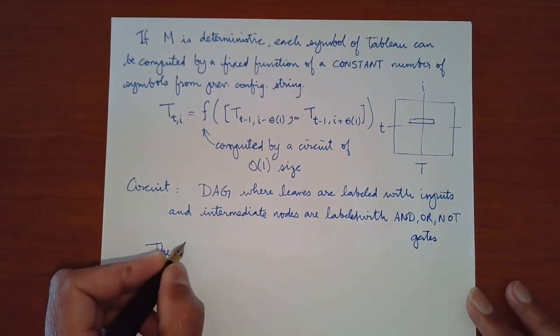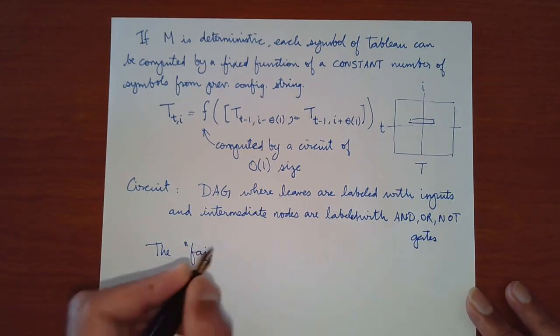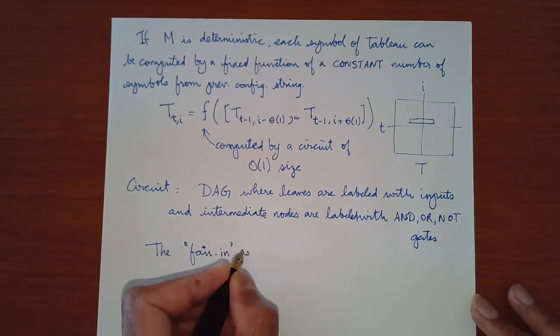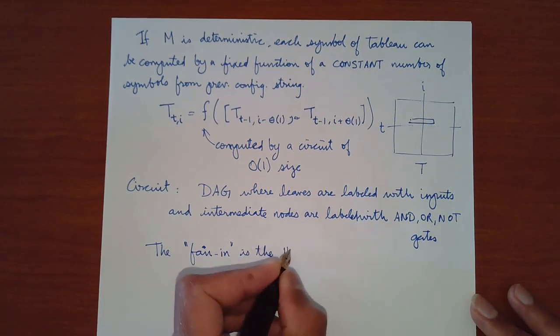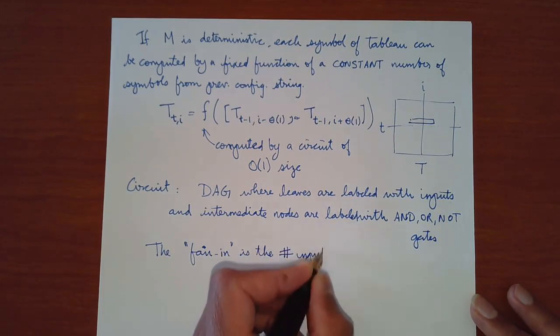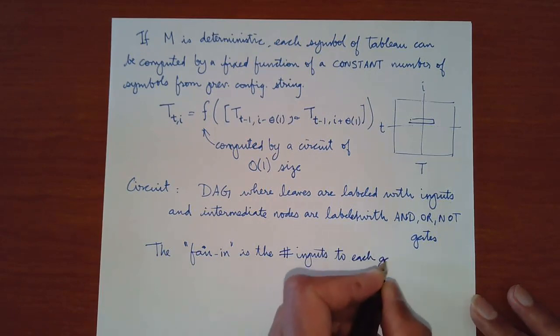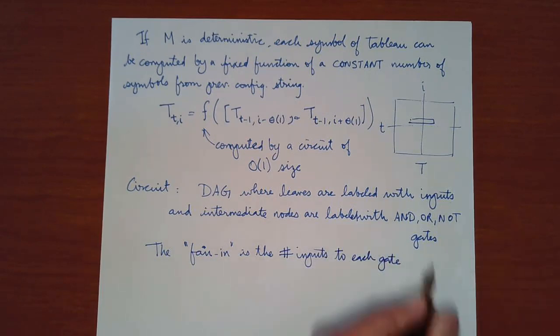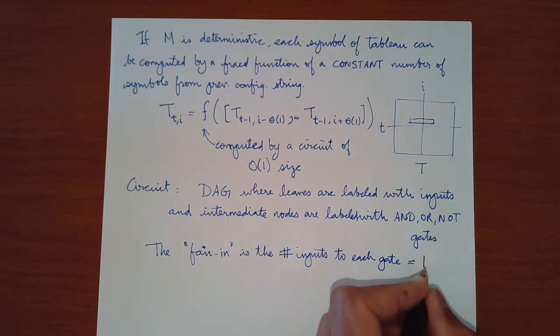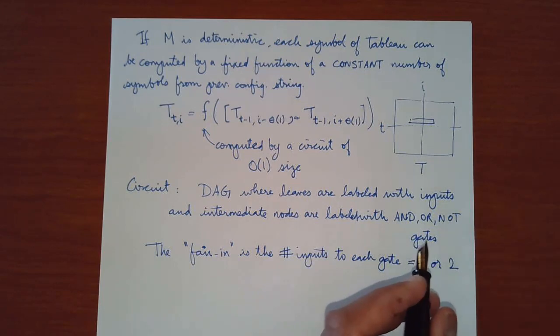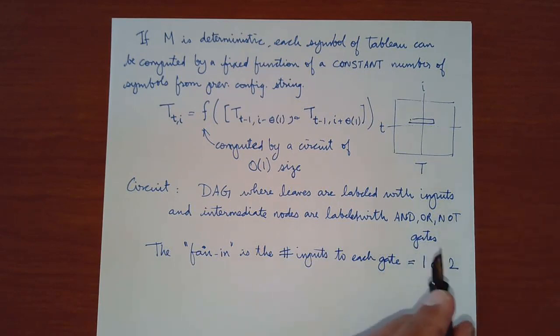The fan-in is the number of inputs to each gate, and we will assume that this is going to be 1 or 2. So if it's a NOT gate, it has one input. If it's an AND or OR gate, it has two inputs. You can think of situations where the fan-in is unbounded, but let's not worry about that for now.